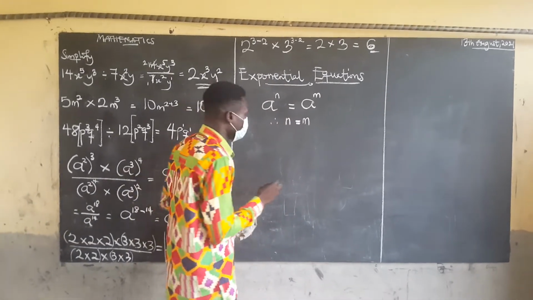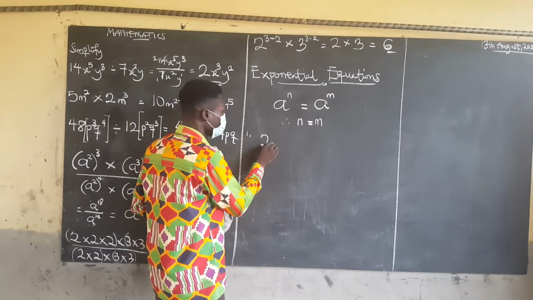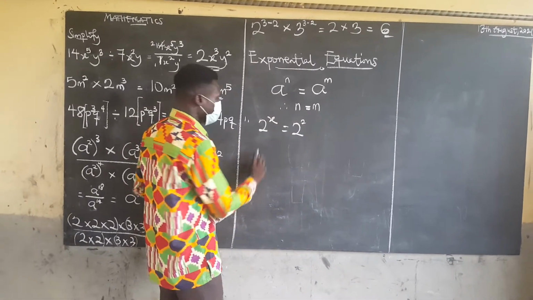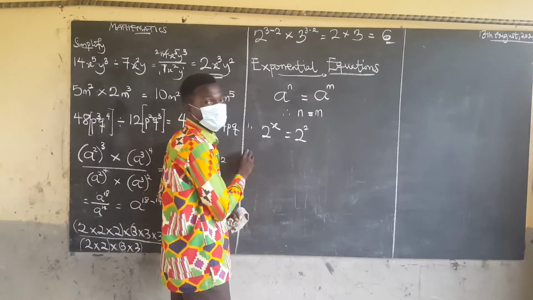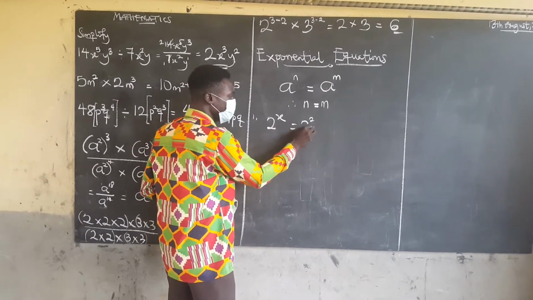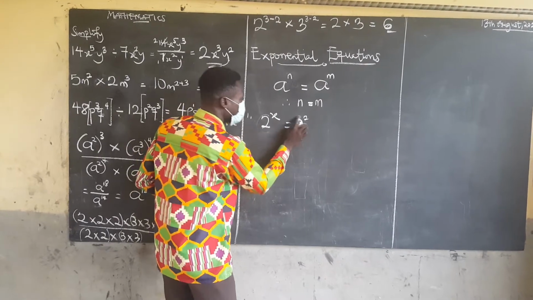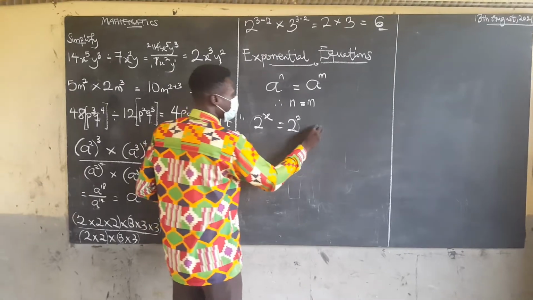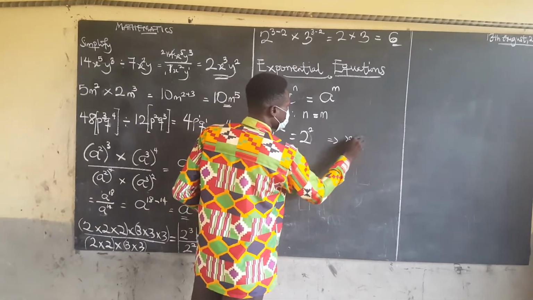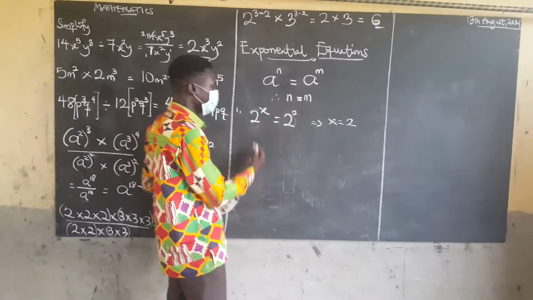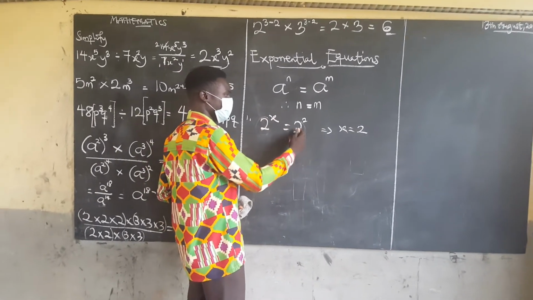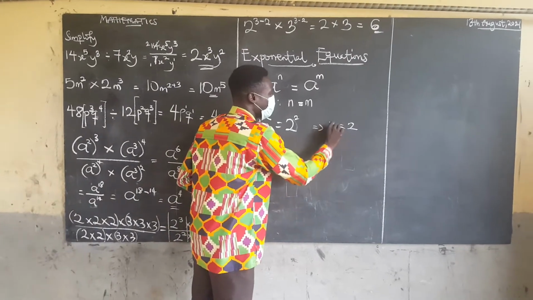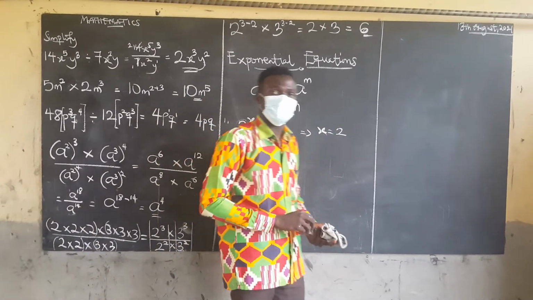So example, let's say I have 2 raised to the power x is equal to 2 raised to the power 2. Because the bases are the same, 2 is the same as this 2. This is the base, this is the base, these are the exponents. Because the bases are the same, I can say x is equal to 2. So if the bases are the same, we equate the exponents.